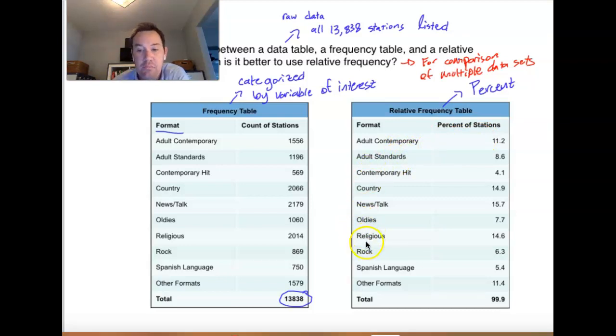So, I don't know, maybe Canada likes rock music more, and let's pretend that their rock was 12% of the market. Then you could compare that with the US's 6.3, whereas just comparing the raw numbers wouldn't make sense because they have different numbers of total radio stations. All right.